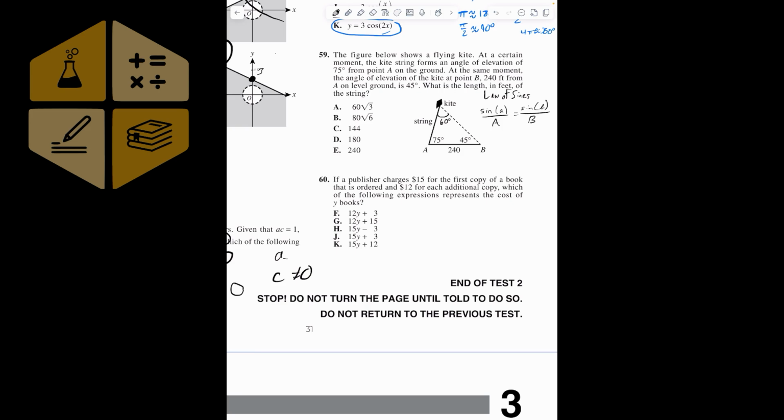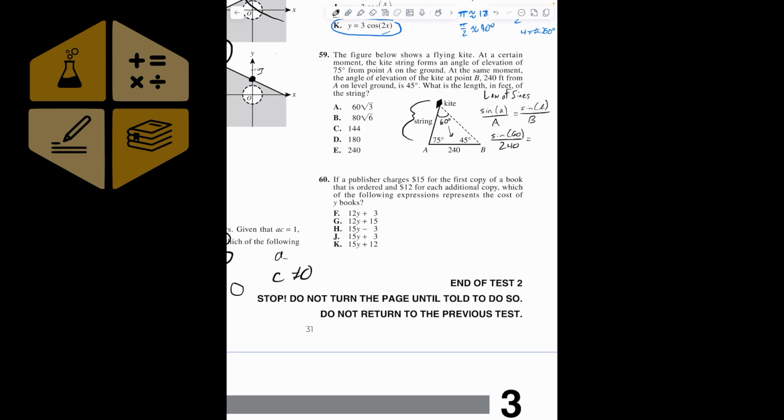And so we can use this rule to find this missing side, which is the length of the string. The reason I defined the 60-degree angle is because the only side that we know is the one that's opposite this 60-degree angle. So plugging what we know into the law of sines, let's start with the most basic thing we know, which is that the sine of 60 degrees over 240 is one equivalent pair.